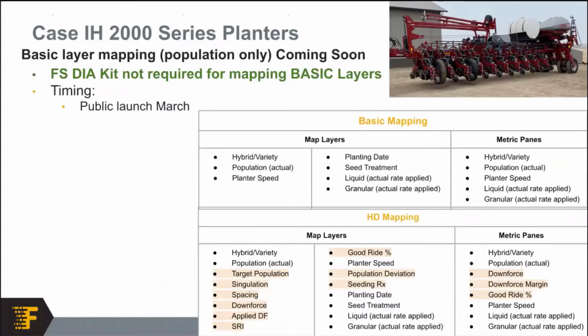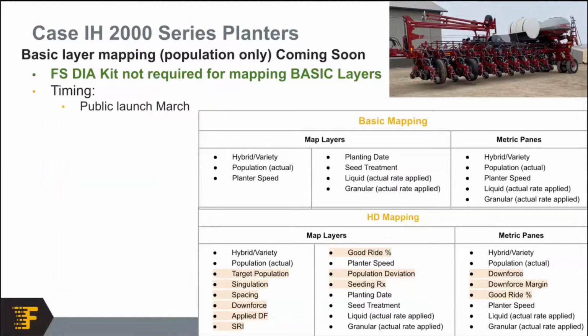Now the 2000 series planter. This is what I had mentioned, the basic mapping. With the 2000 series, you can get more mapping such as downforce margin, singulation, and spacing. Those are all categorized as HD mapping, and you would still need that DIA kit sold from Case to get those maps.